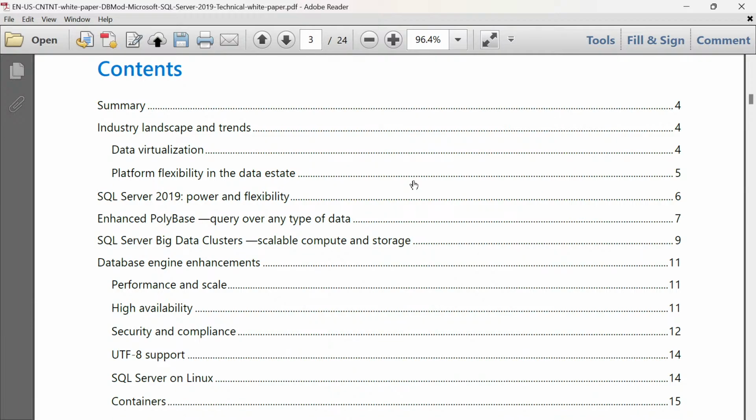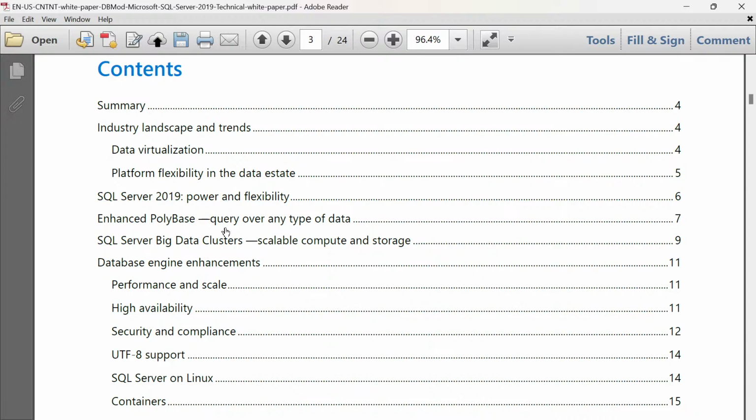So here we will be focusing on data virtualization, then the platform flexibility in data state, then we have the enhanced PolyBase, which is the query over any type of data, or you can say a generalized query.